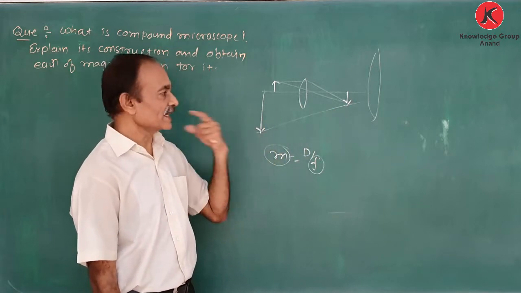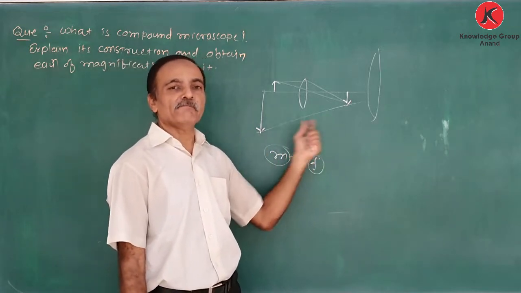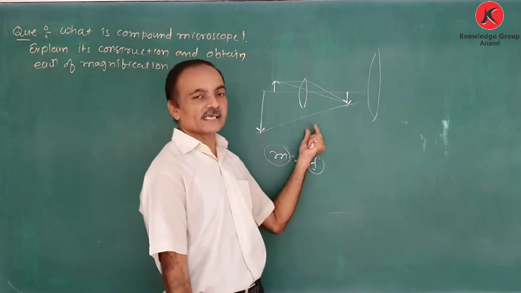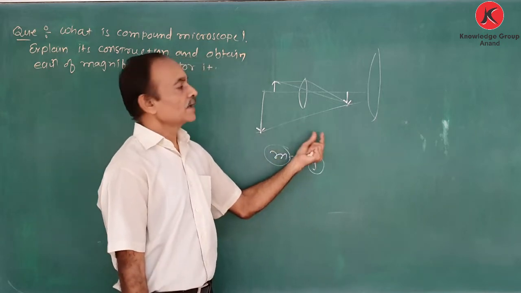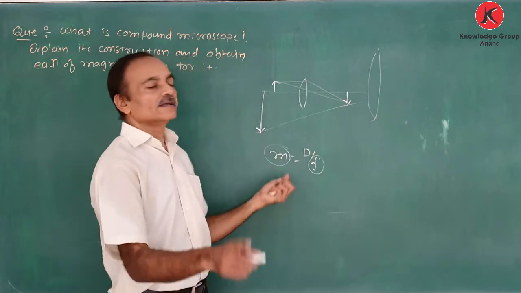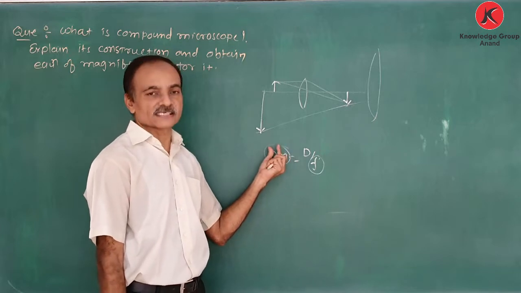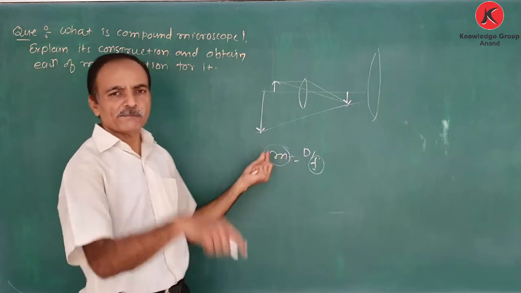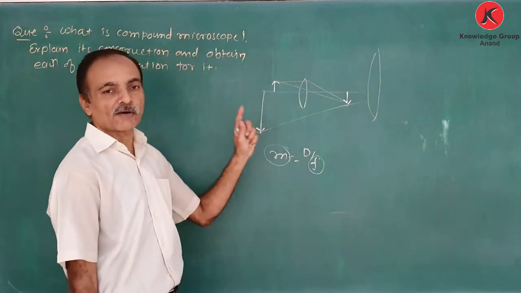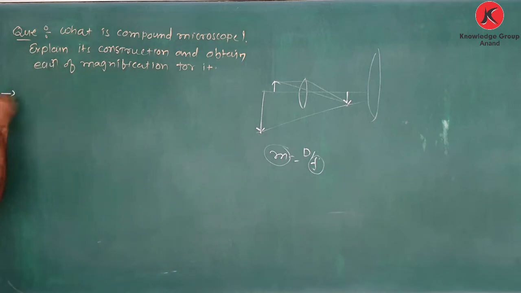The simple microscope has limited maximum magnification for realistic focal length. To obtain more magnification, one uses two lenses, and the compound effect of the lenses over each other is known as the compound microscope. So there is the concept of the compound microscope.